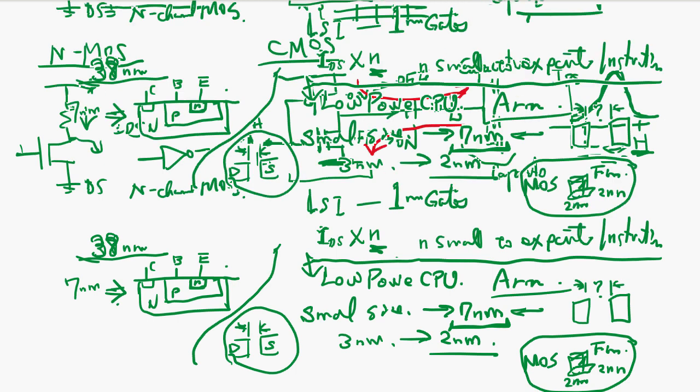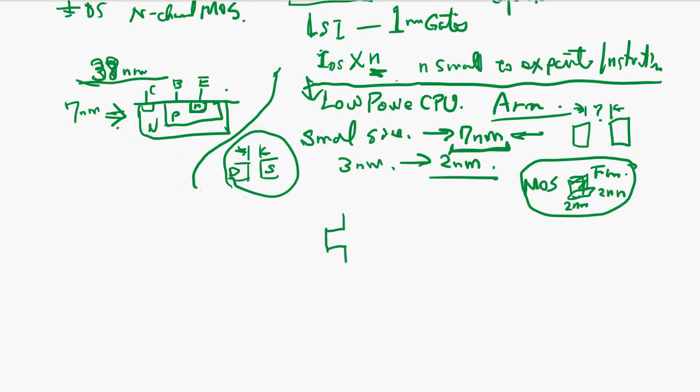Now, how do you make gates other than the inverter? Just an inverter is boring. So the inverter is made this way, right?